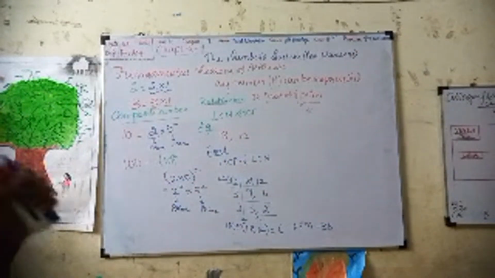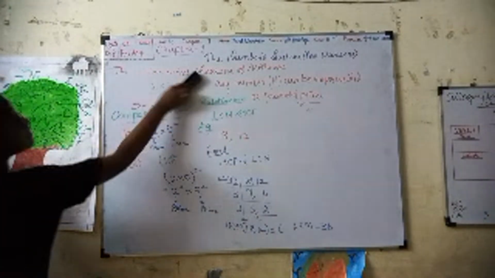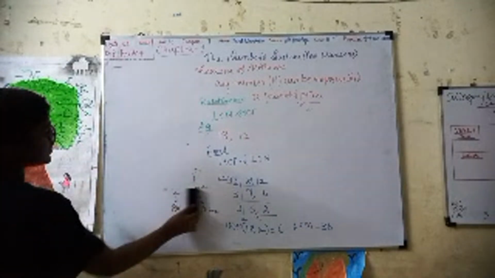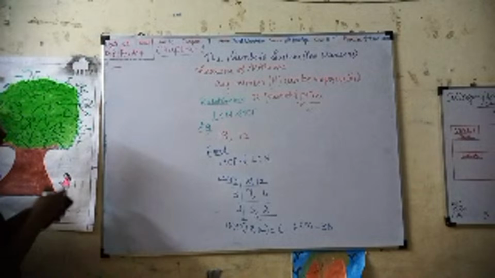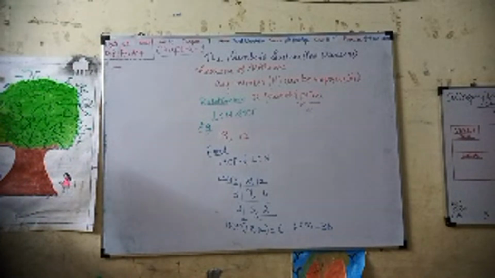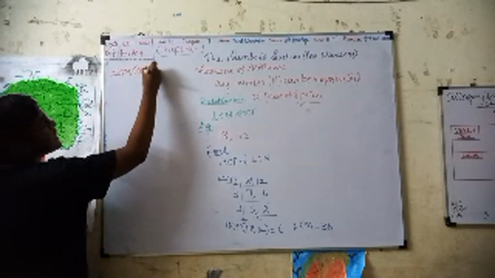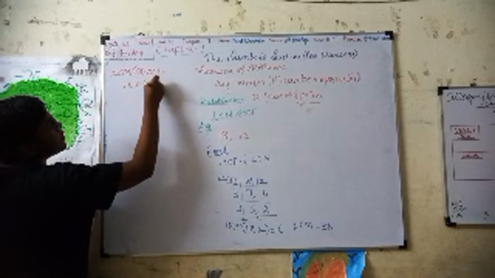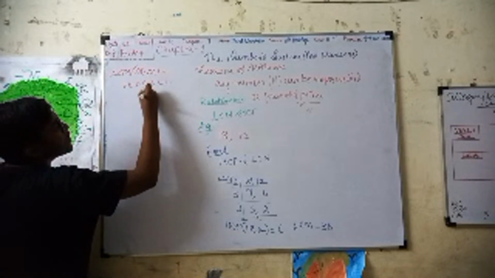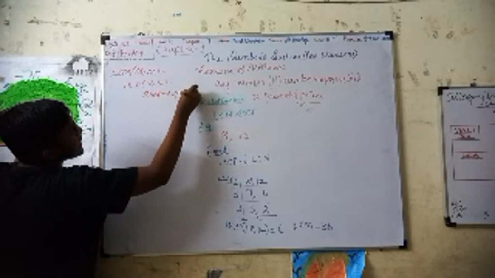So what does this theorem tell? See, the relationship between LCM and HCF is, if we multiply LCM of 18, 12 with its HCF, you will get the product of the two numbers 18, 12.